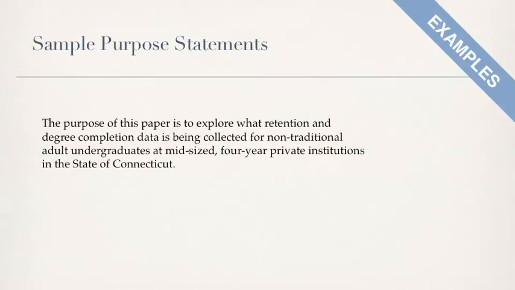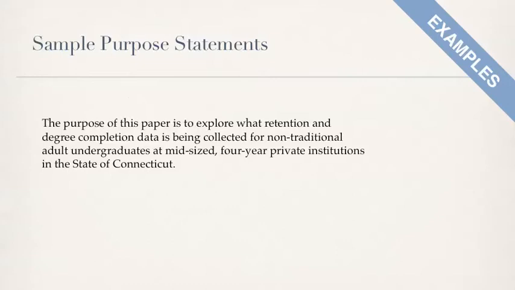So the first purpose statement is as follows. The purpose of this paper is to explore what retention and degree completion data is being collected for non-traditional adult undergraduates at mid-sized 4-year private institutions in the state of Connecticut.